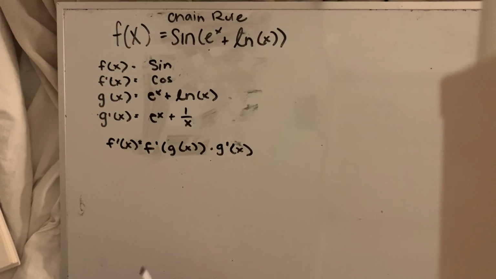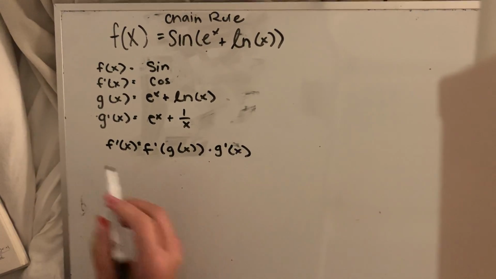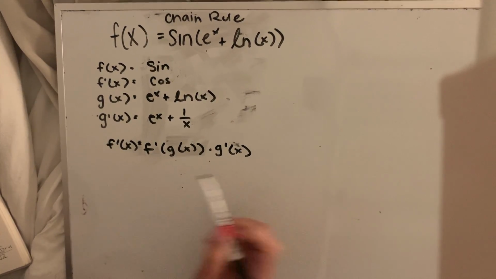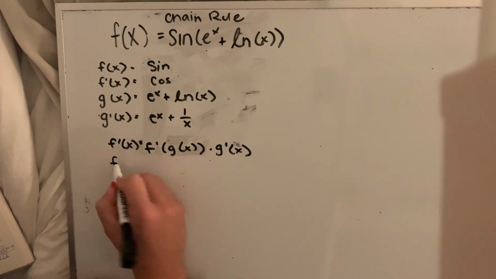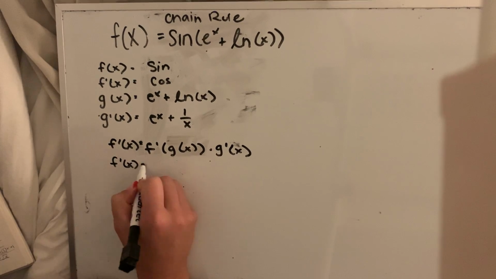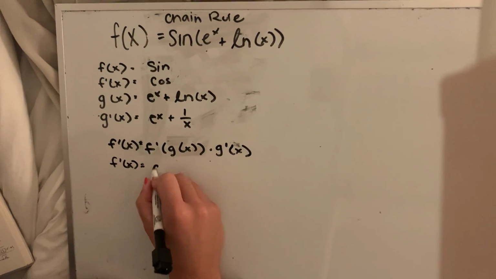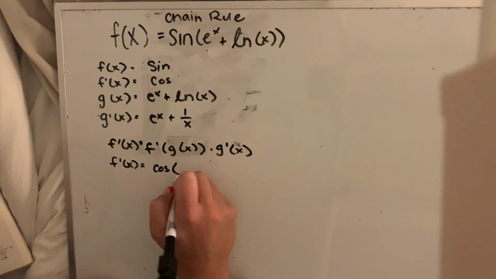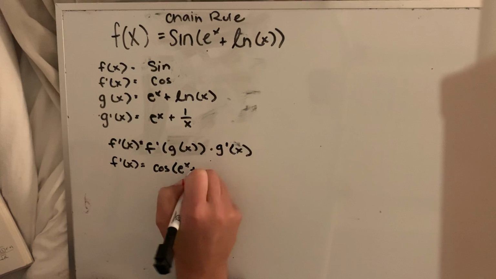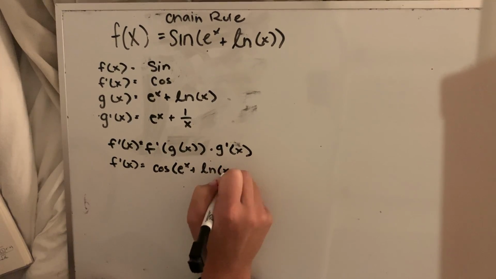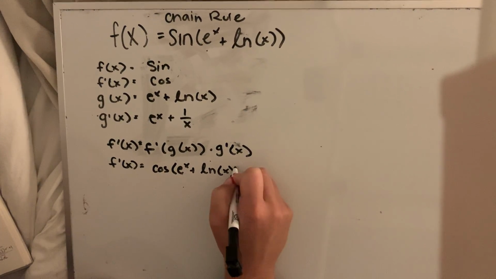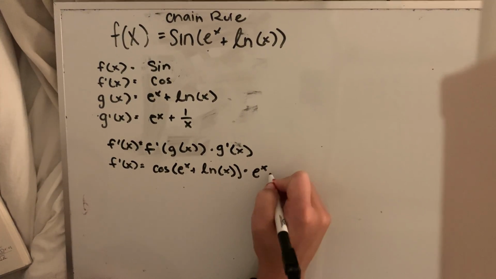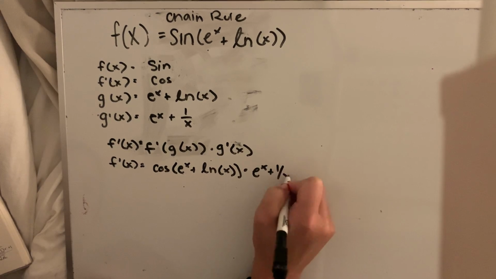And then to fill in this equation, I would add in all of these terms where they belong, which would be cosine of e to the power of x plus ln x, times e^x plus 1 over x.